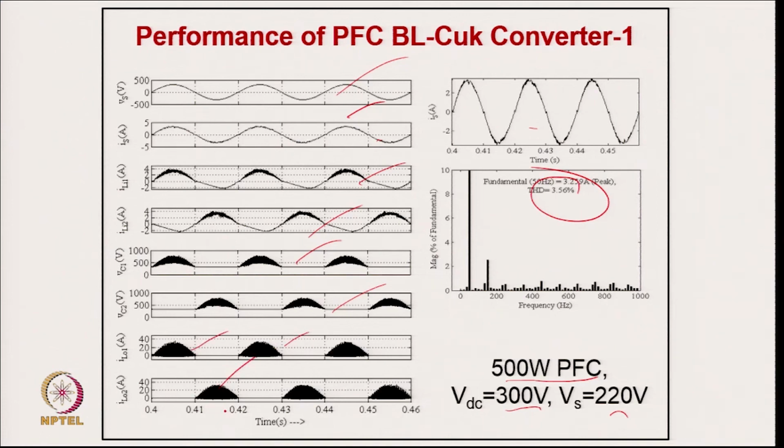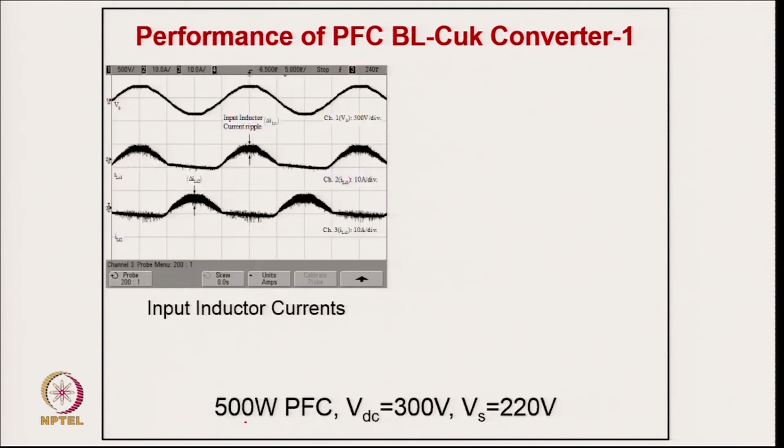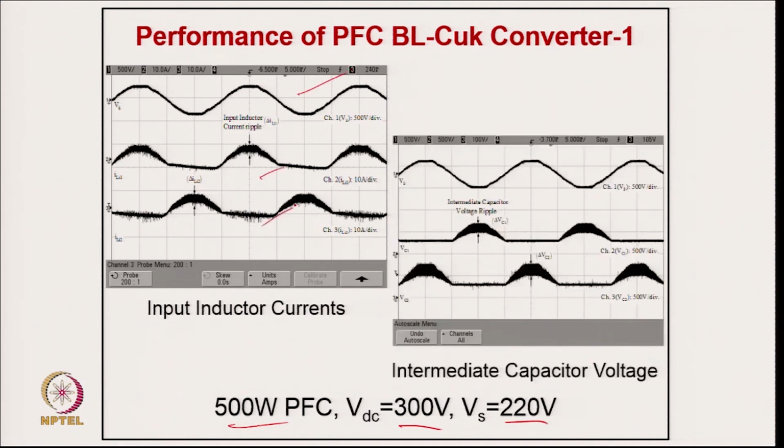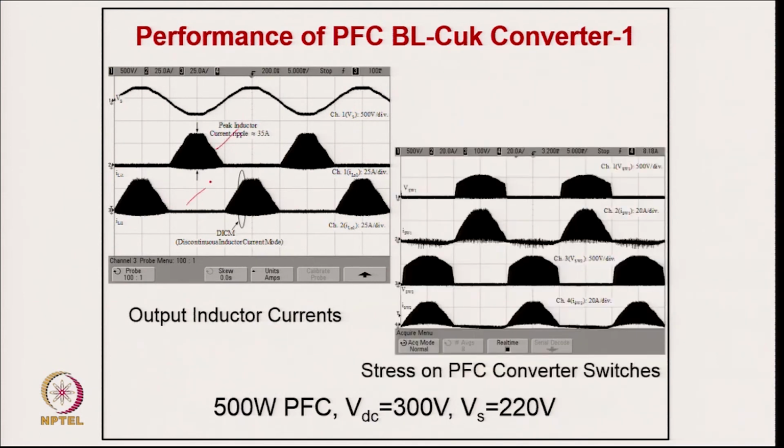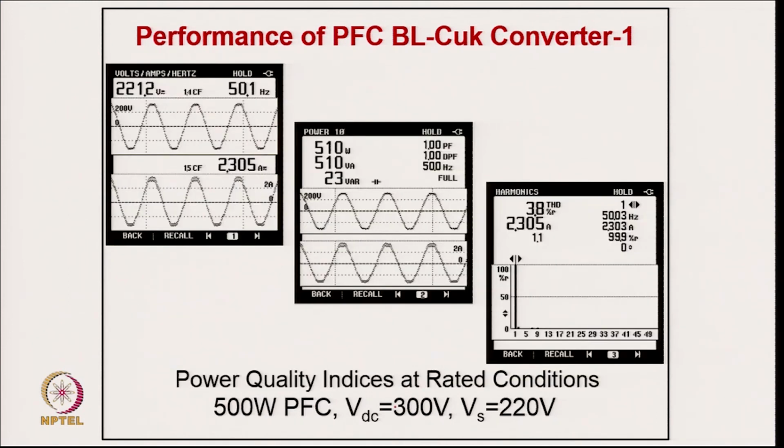So, the waveforms you are getting correspond to what you applied the design for. And this is of course the developed circuit for 500 watt with output voltage 300 volt and 220 volt input. So, this is your input current, supply voltage, and your input inductor current, and these are your capacitor voltages, both continuous, and then this is your output inductor current, which is discontinuous for positive and negative half cycle, and these are the switch voltage stress and diode stress, and these are the typical performance results.